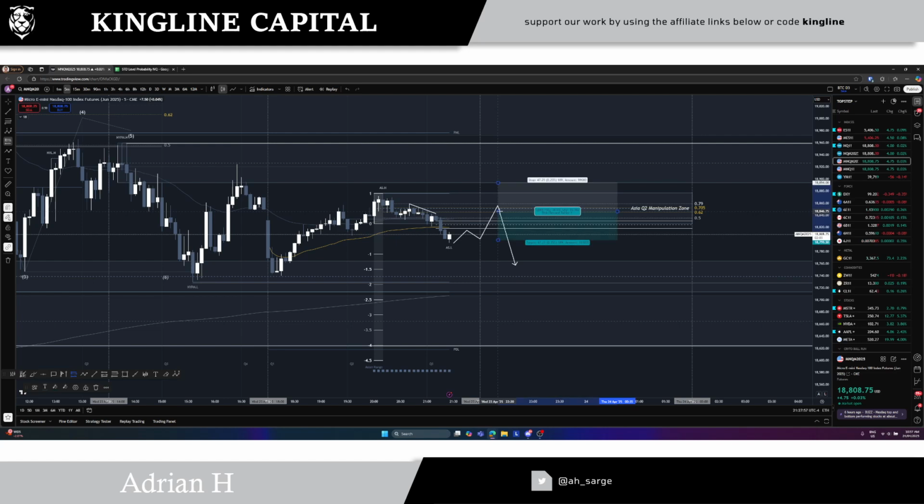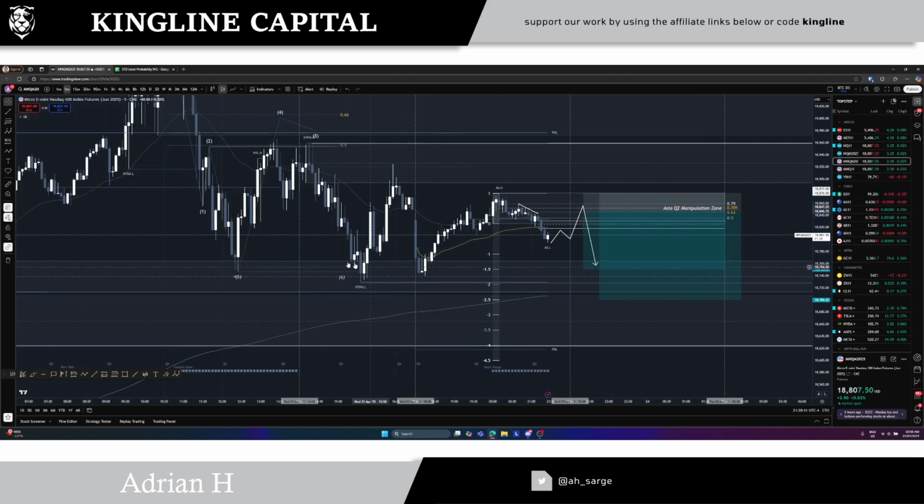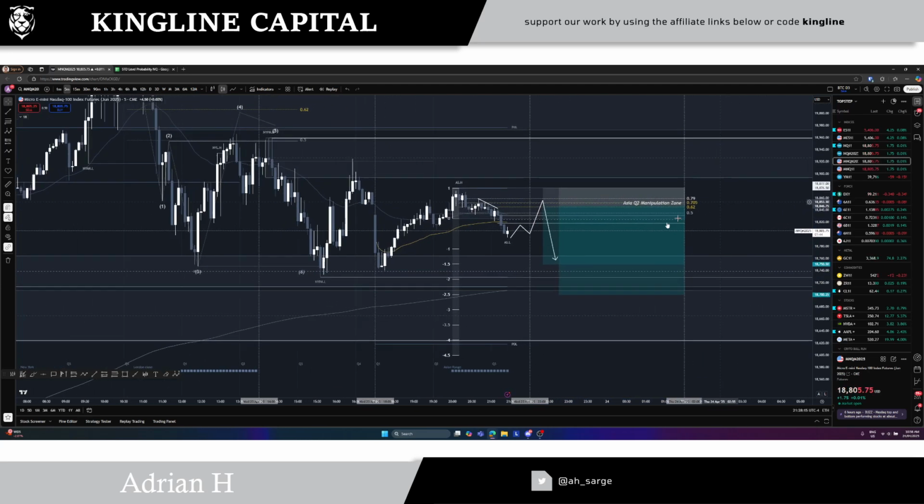So our ideal setup then would be like this. If we're not taking it straight off the zone, I'm looking for SD 1.5, 2.5 plus that NYPM low, 3.5.